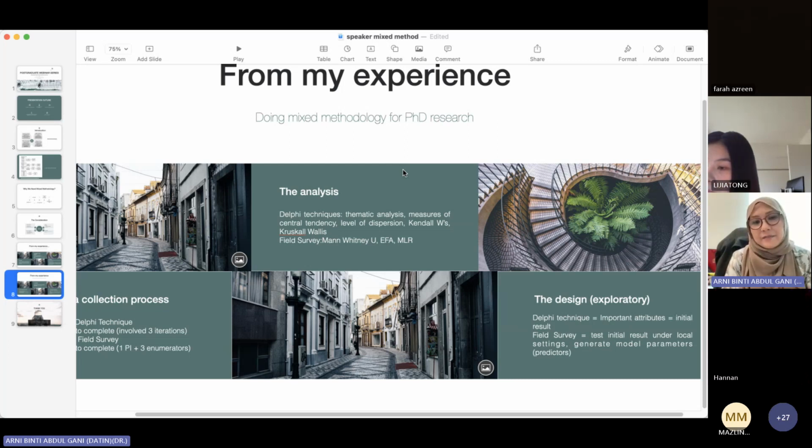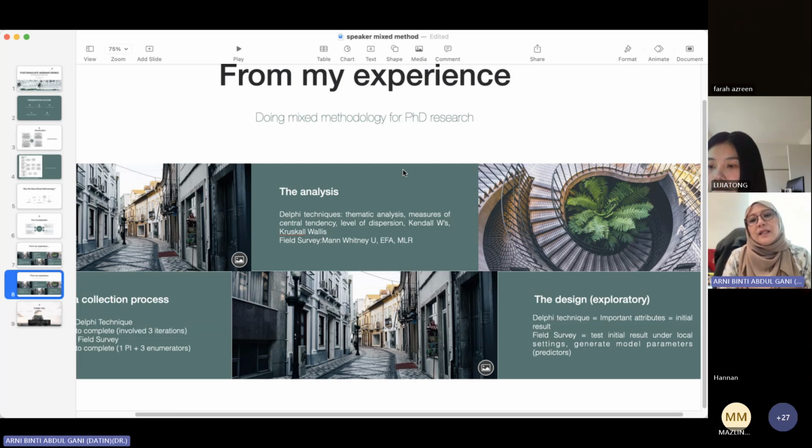The analysis is the same. You have to know for qualitative what analysis you would use, and at some point master or know how to operate those analyses. At the same time, you also need to learn quantitative analysis, anything that will fit into your study. So you have to learn quali and you have to learn quanti.